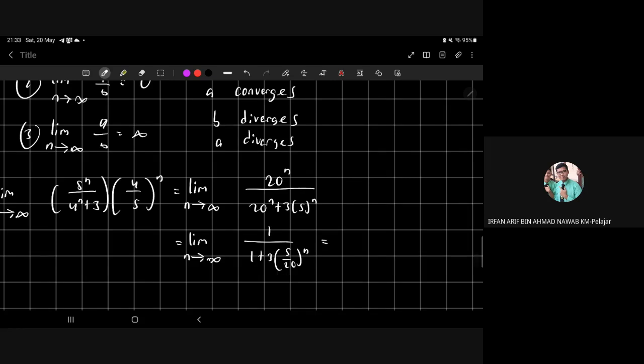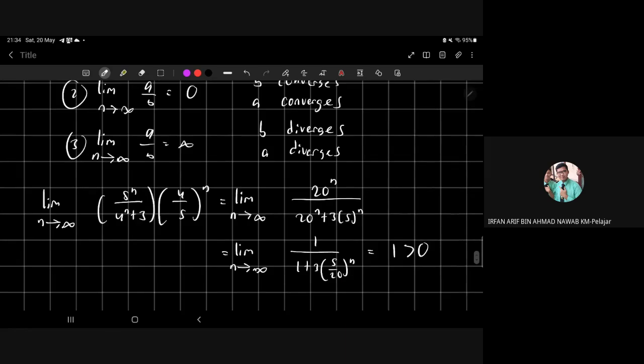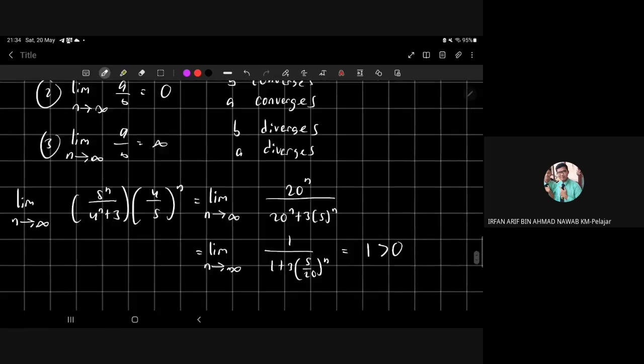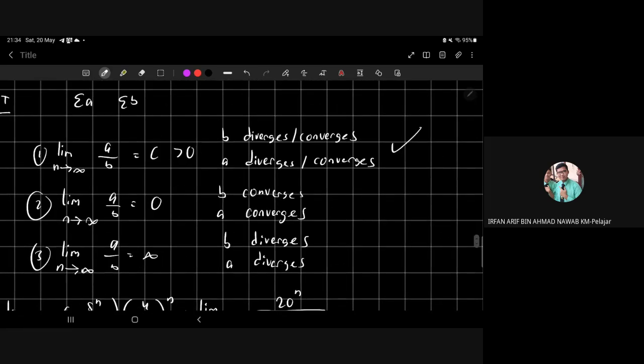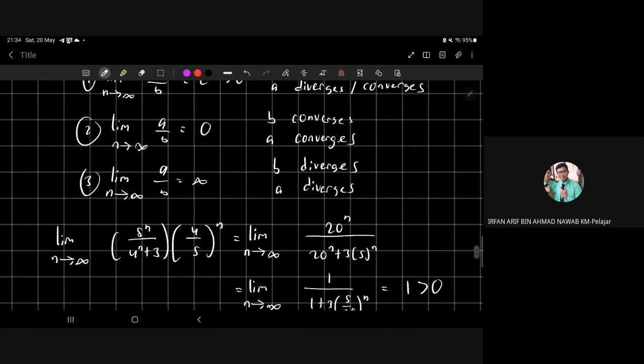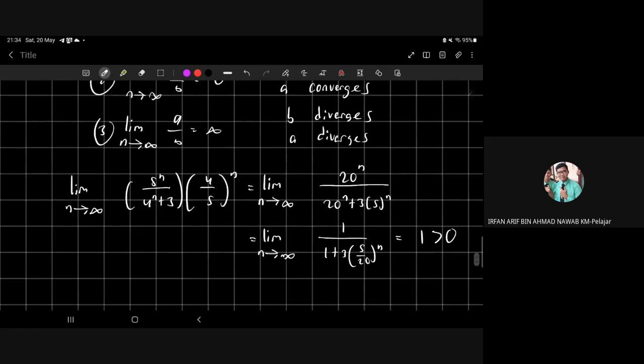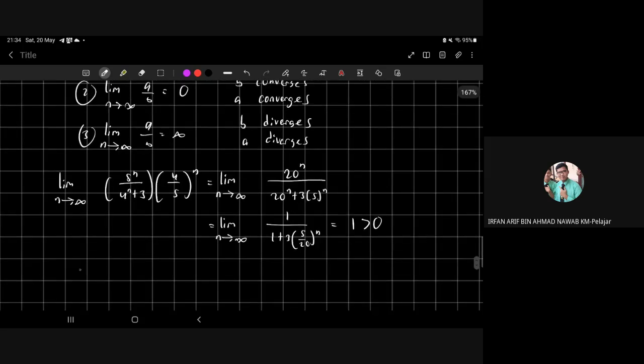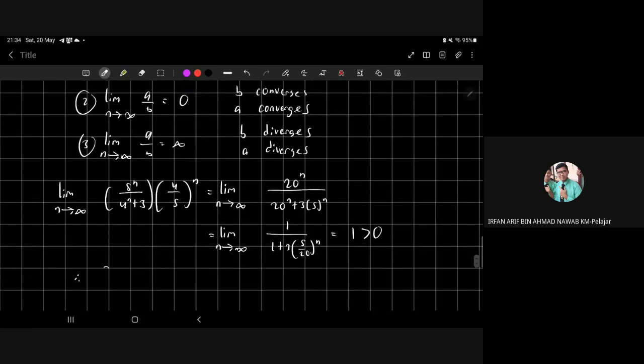So you are left with one, and one is larger than zero. So the test says that if it's larger than zero, then this will be our conclusion, where we know that B diverges, then A diverges. So yes, the limit comparison test works. So this series diverges.